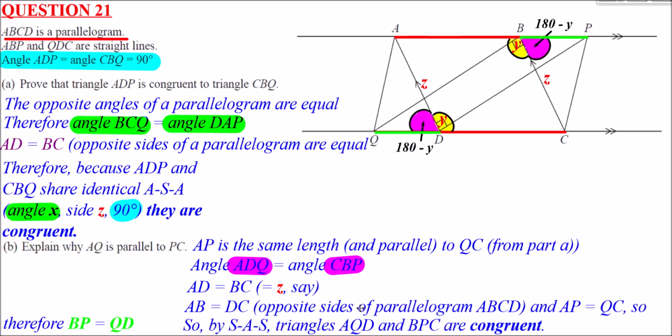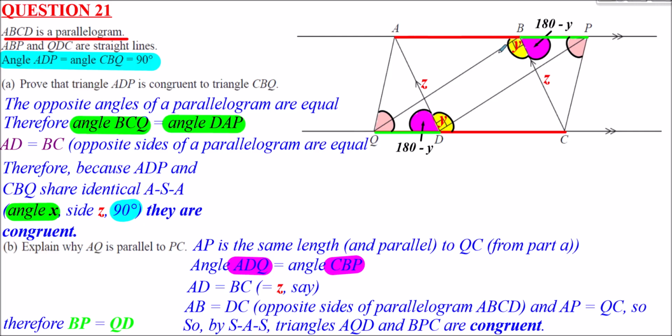Now we're almost done. Because they're congruent, we know all the sides are the same and all the angles are the same. The particular angle I want to focus on being the same is this one here at Q and this one here up at P. Like so. So angle Q is making the same angle with the horizontal as what angle P is. So therefore, they've got to be parallel, AQ and PC.